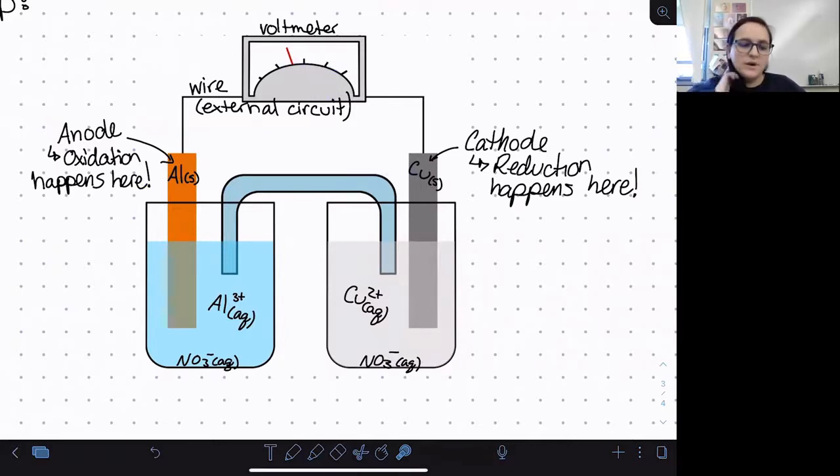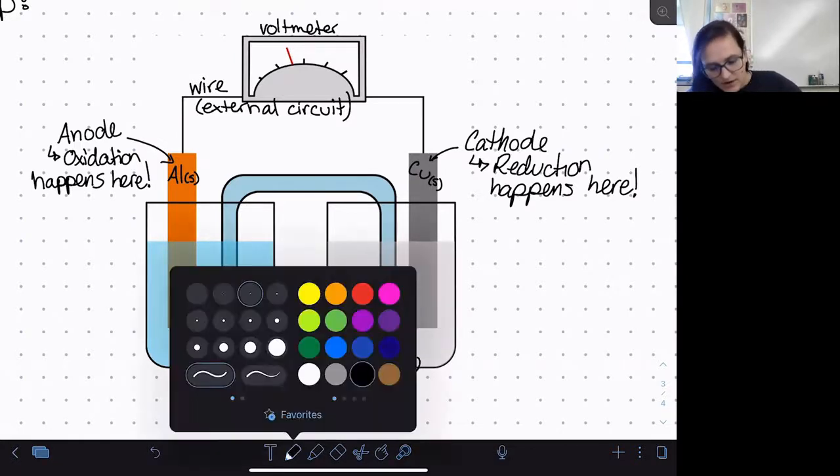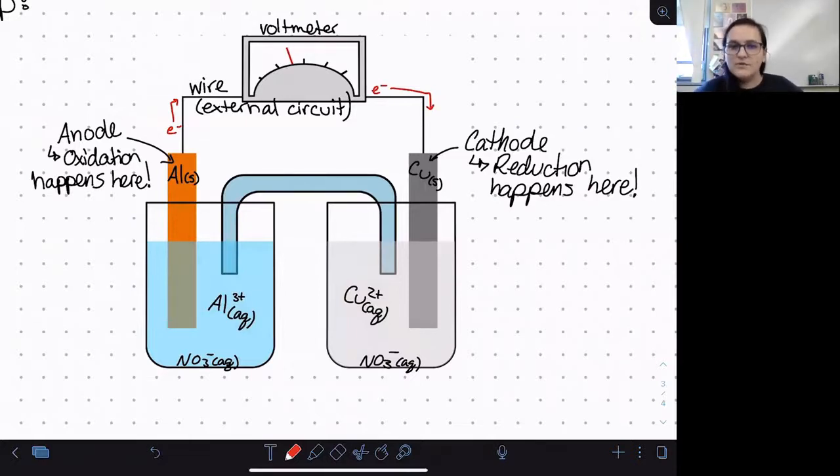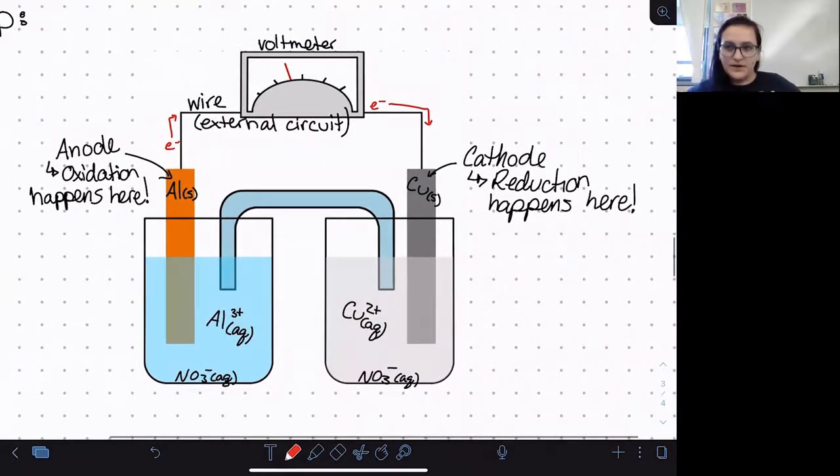And so this is where electrons are traveling, is through this wire. So we have electrons traveling from the anode to the cathode through this wire or through this external circuitry to power whatever it is we are trying to power. And they always travel anode to cathode. Since oxidation is happening at the anode, that is where electrons are being lost.